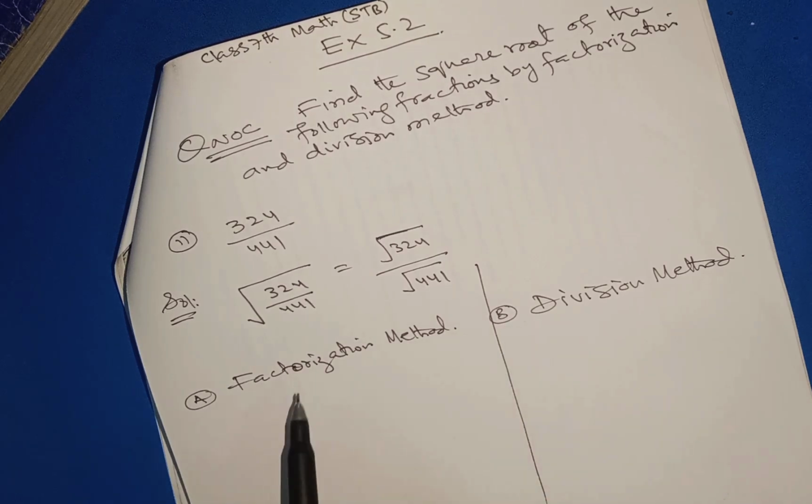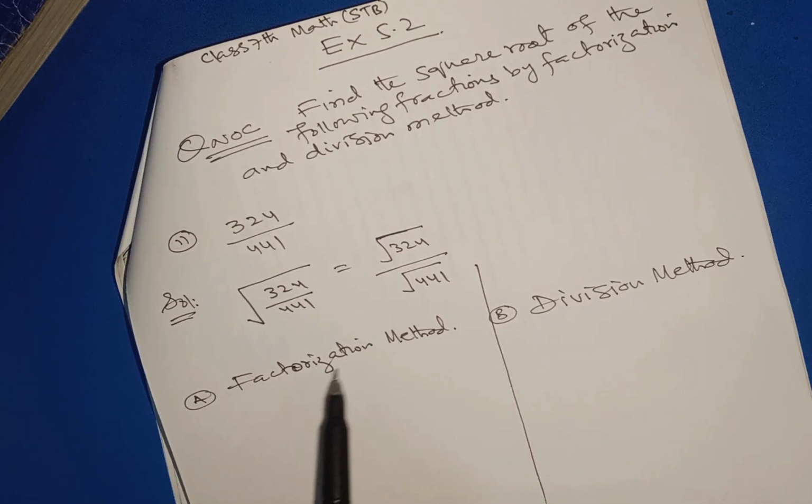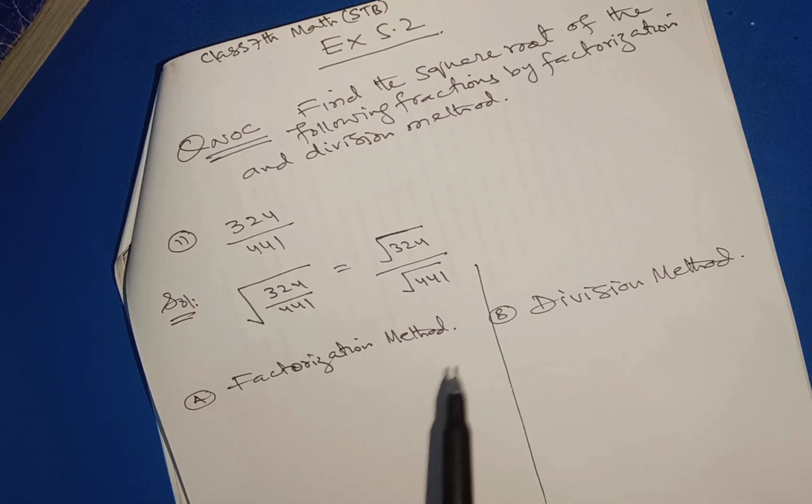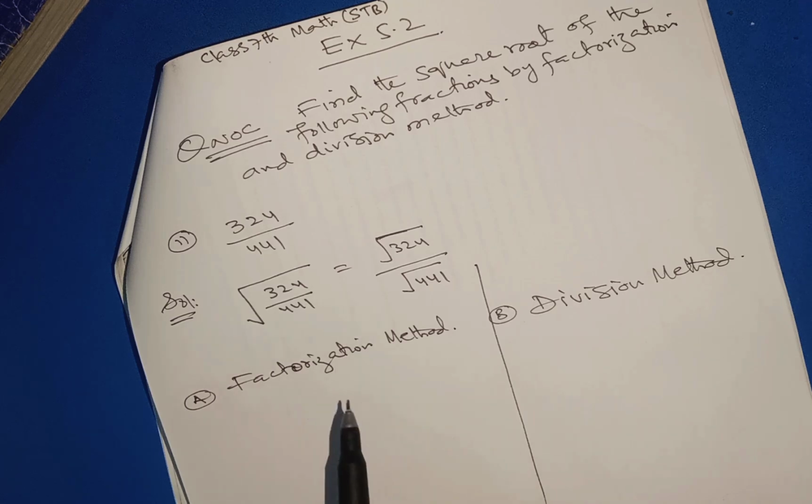It's because when you are using this method of factorization or prime factorization, for most of the questions which are not perfect squares, you will not get any whole answer, or you can say any complete answer. You will be left with an answer which will include another radical sign or square root sign.